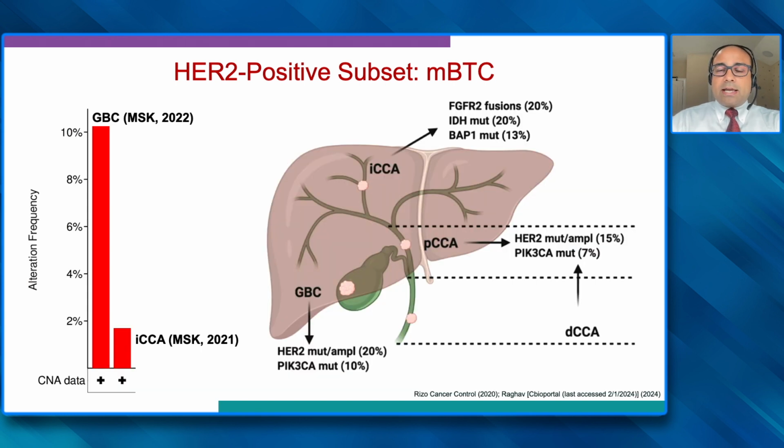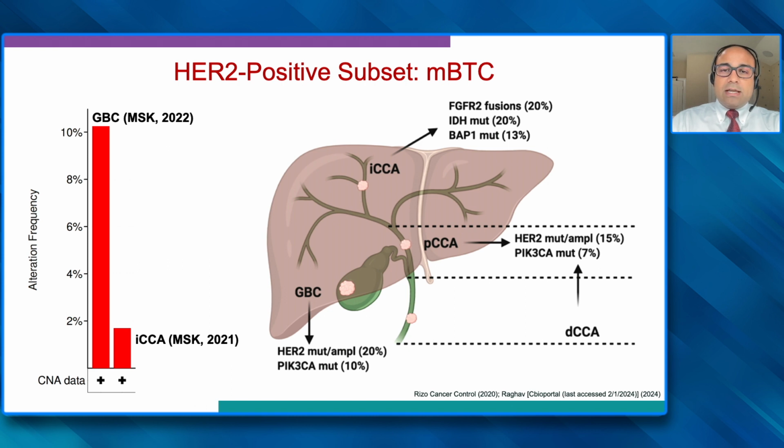In biliary tract cancers, the incidence of HER2 prevalence changes with where the tumor is within the biliary tract. The highest concentration of HER2 overexpressed or amplified tumors is seen in gallbladder cancer, where this amplification is seen in about 15 to 20% of cases.